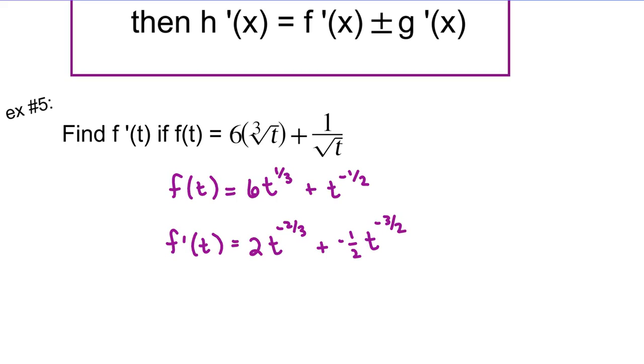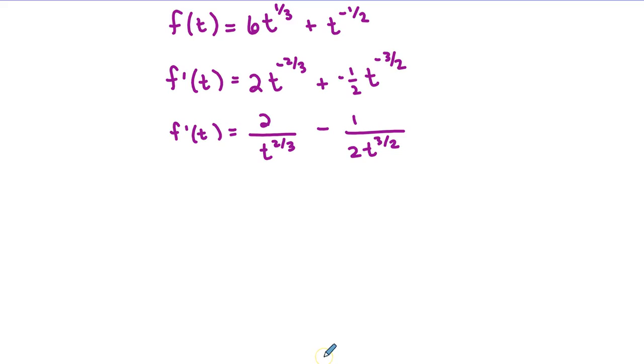Now I would rewrite this with radical notation because the problem was given in radical notation. So if you have a negative exponent, you're going to move it to the bottom. So at this point we have 2 over t to the 2/3, and we also have minus 1 over 2 times t to the 3/2, getting rid of those negative exponents first. Now let's change our notation into radical notation.